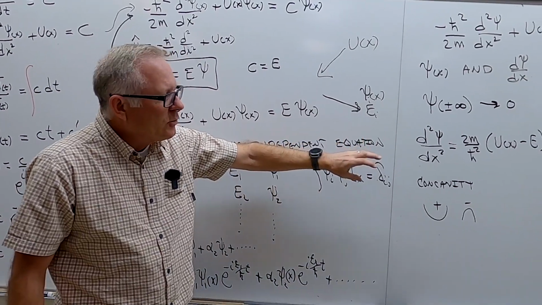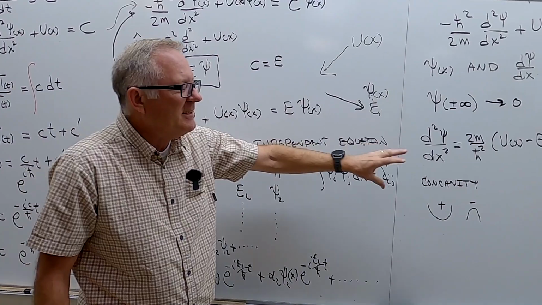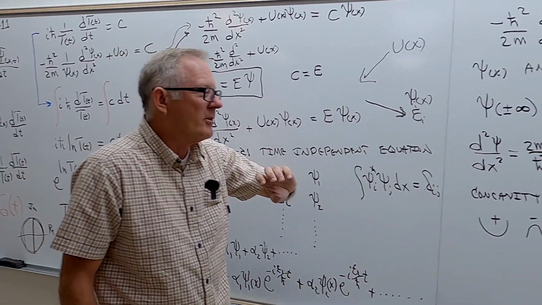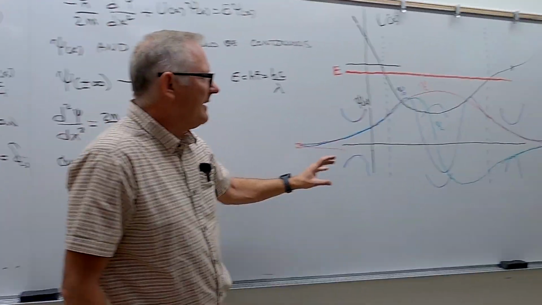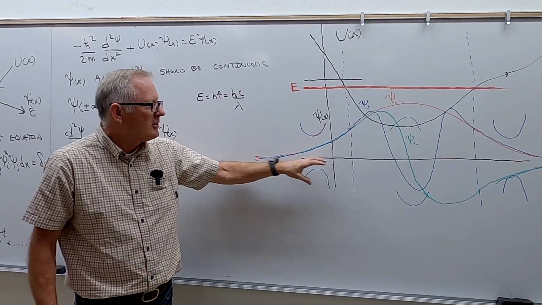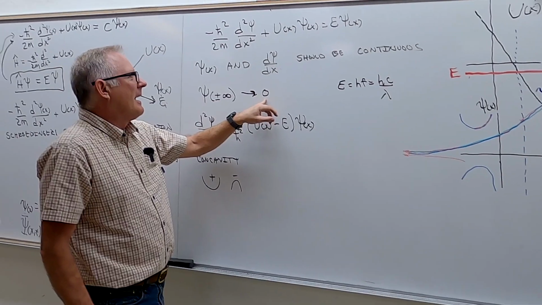So in the next one, we will actually do it for a specific case, for a specific U, and work on it for multiple lectures so we can really beat it to death. But this is really what we're doing, and we know what the function is going to look like. It has to be continuous and go to 0 out at infinity.